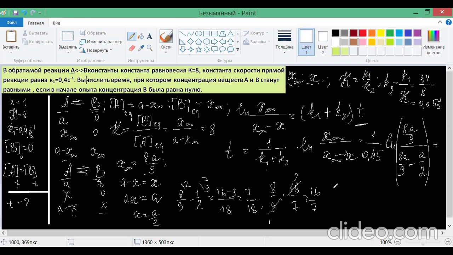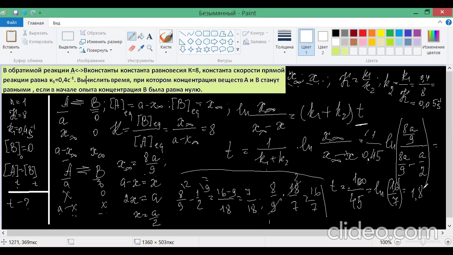Okay, it means that t is equal to 1 over 0.45 times the logarithm of 16 divided by 7. And that gives us 84 seconds. This is the answer.